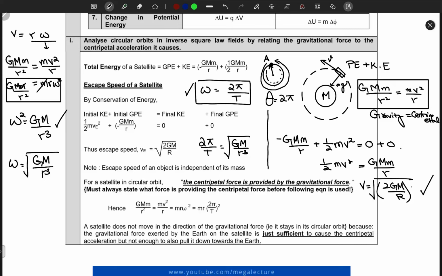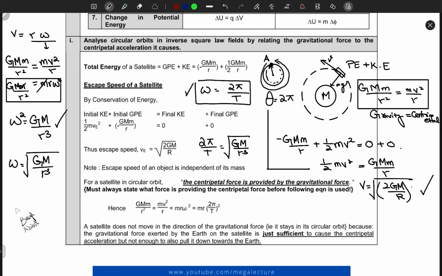We have 2 pi, and we bring T over there, and we take this over here.